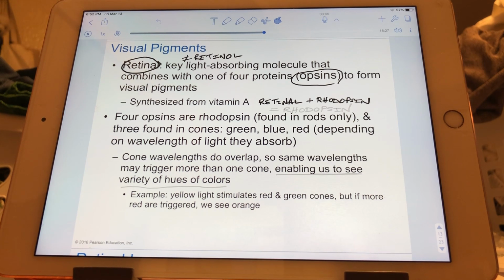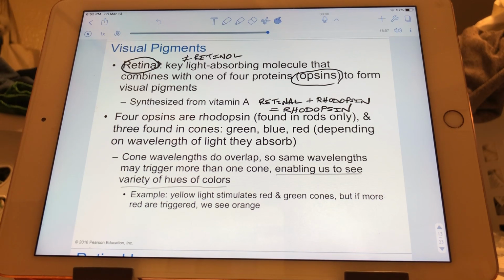But often the combination of the two is unfortunately also referred to as rhodopsin, which is really, really frustrating. It's kind of like saying pencil plus lead equals pencil. Gross.